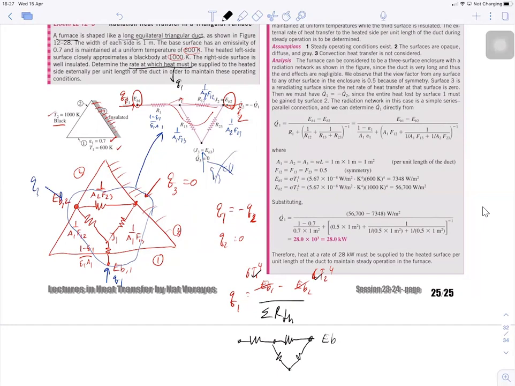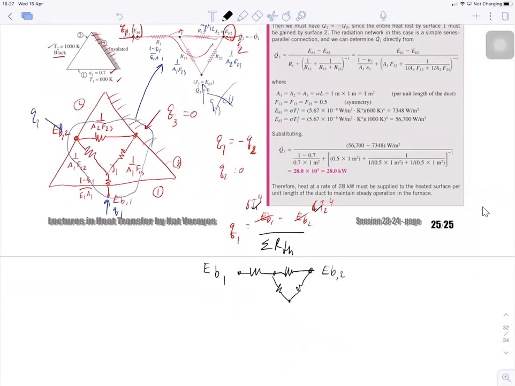So this is EB2, this is EB1, okay? Heat is going to be something like that, and then it's going to bind to this, right?